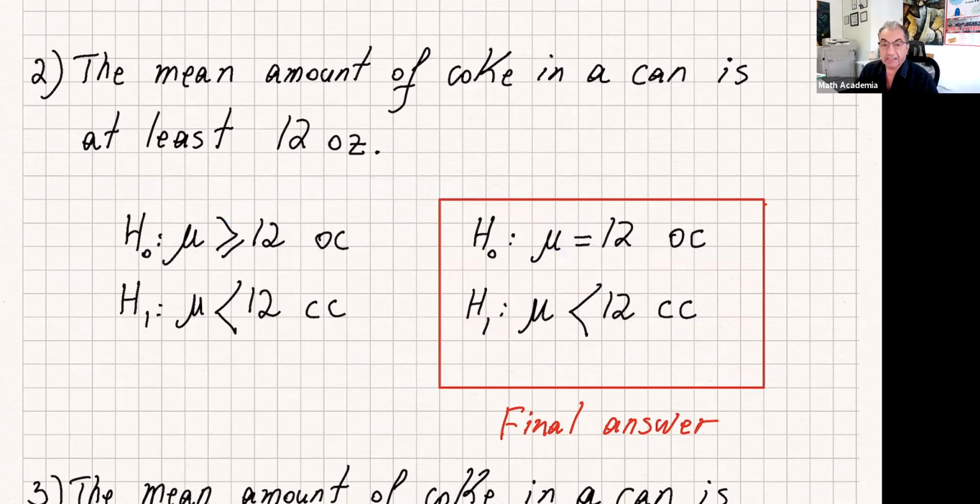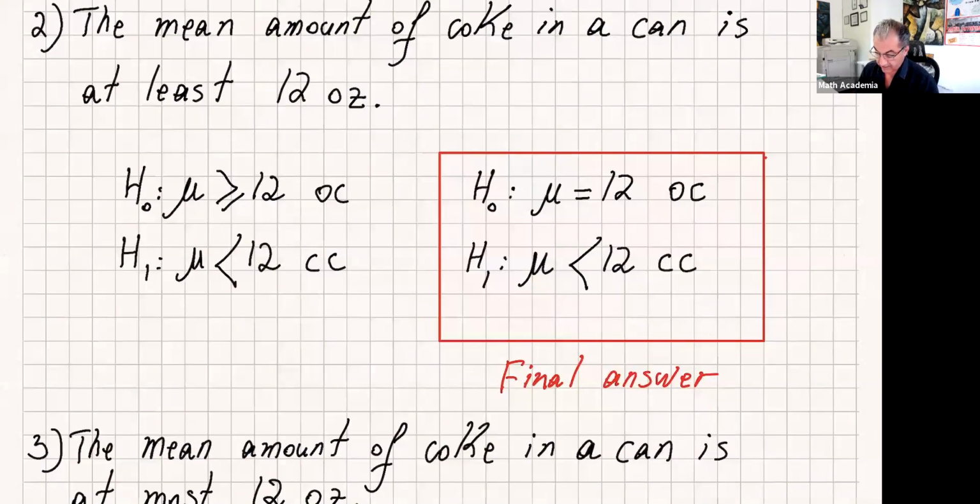One reason is because the population mean is just one solid number, so that's it. That's why for H0 you just say equal to 12 ounces. So this is our final answer. Now a couple of things when you present the claims: the top has to be H0 and the bottom claim has to be H1 all the time. That's how books present those claims. So please have H0 on the top, H1 on the bottom.